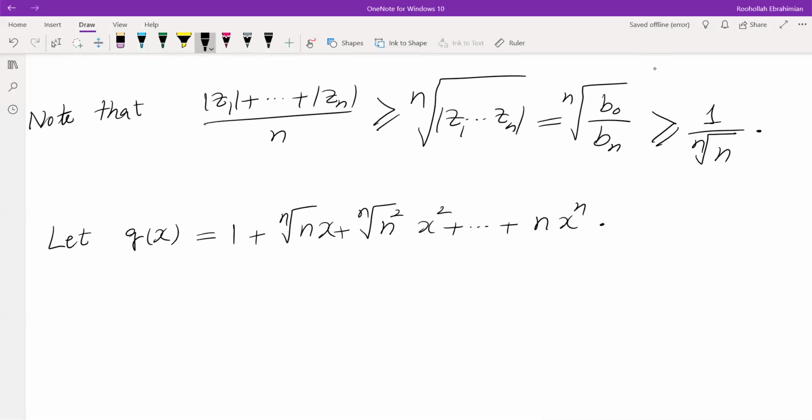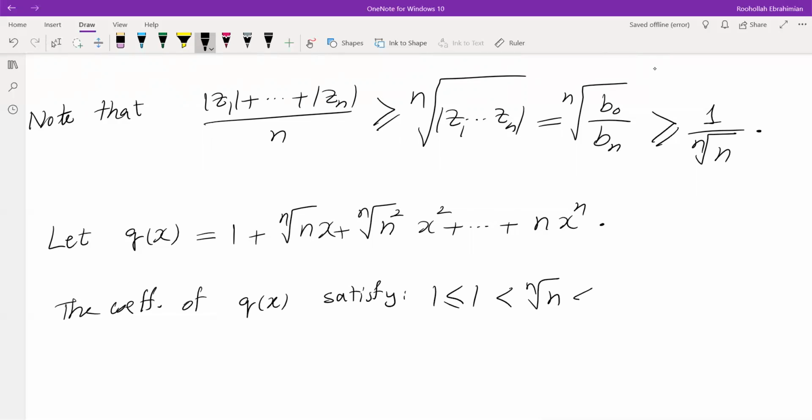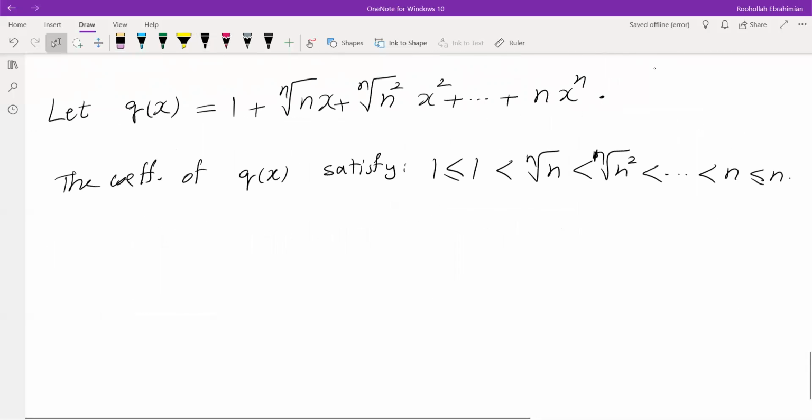Then the coefficients of q satisfy, okay, the first coefficient is at least 1. The next coefficient is more than 1. The next coefficient is more than that, and so on. So they satisfy the property that they gave us.